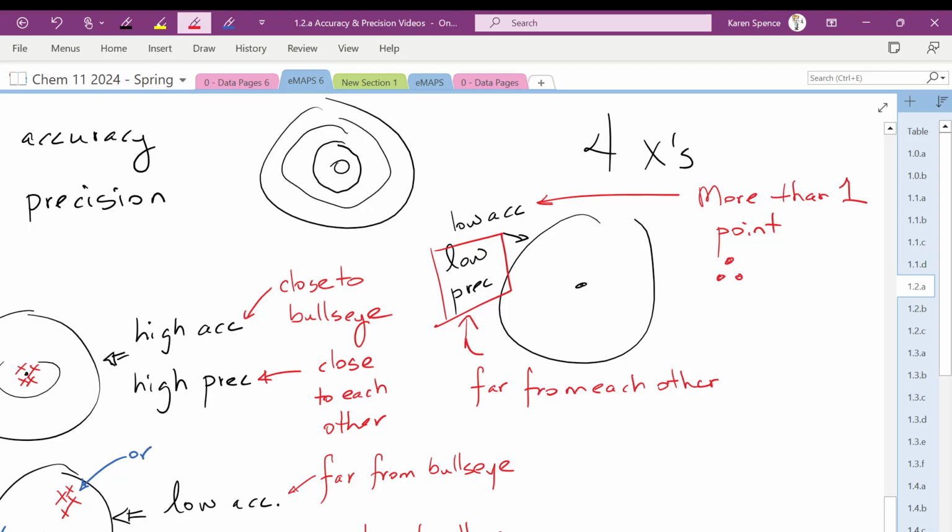Okay, that means therefore, if you haven't seen that already. If we have more than one point, what do we have to think about? We have to think about the average. So we need the average to be far from the bullseye.